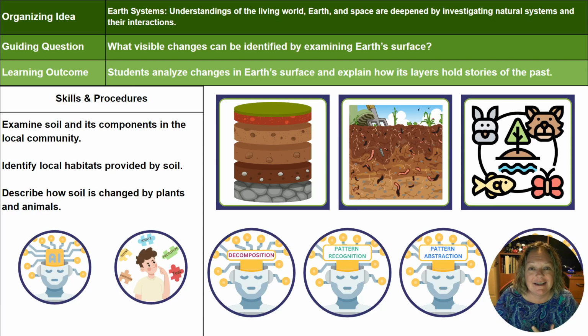We can make generalizations about Earth, about the different layers, and do abstraction. And then maybe we can even create some algorithms, write some rules for how you would put these layers in, how would a machine put the layers of soil in the right order. And if I ask students to create those algorithms, write those sets of instructions, we're not only making sure we know the layers of Earth in the right order, we're also drawing in some of our computer science skills and procedures and working on those as well.